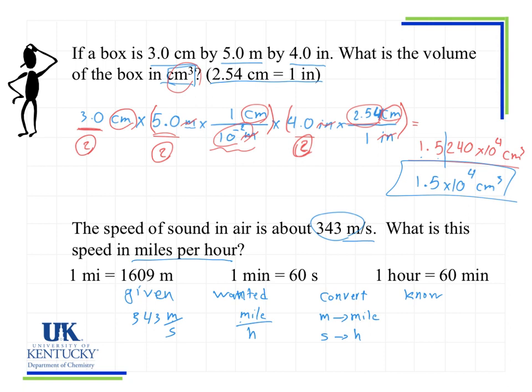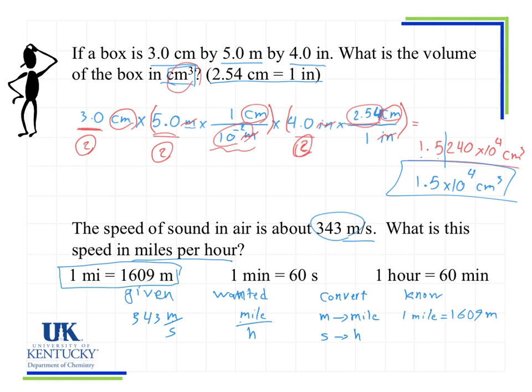So what do we know about these conversions? The first one is given in the question here. We know that 1 mile is 1609 meter. What about the time, second to hour? You can directly say 1 hour is 3,600 seconds, or you can relate it with two equalities.